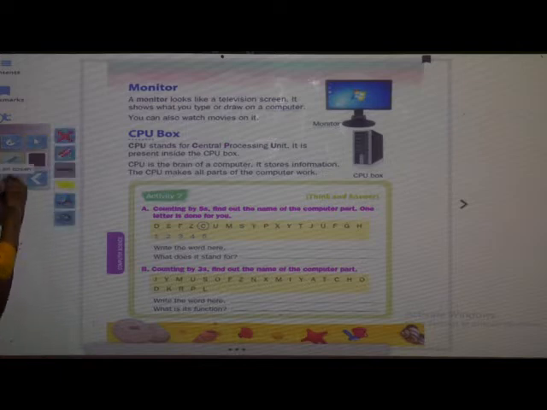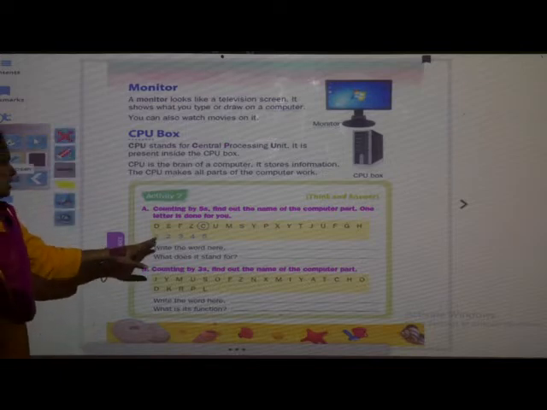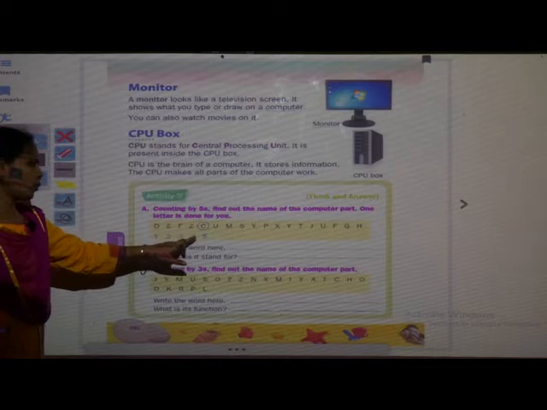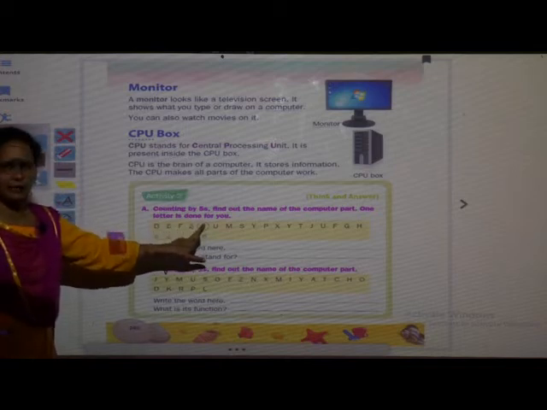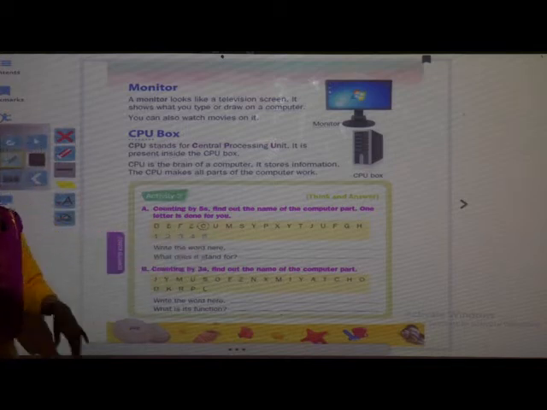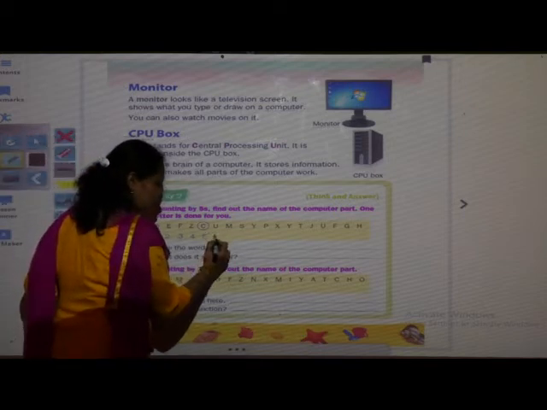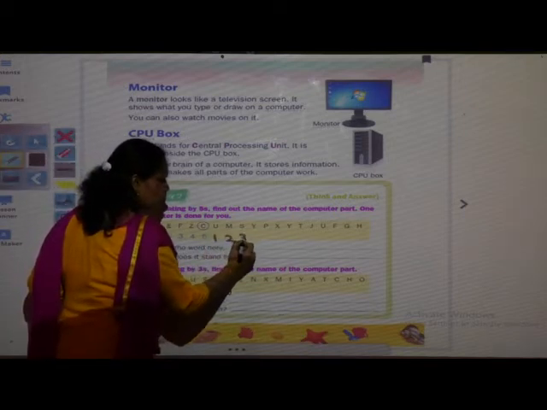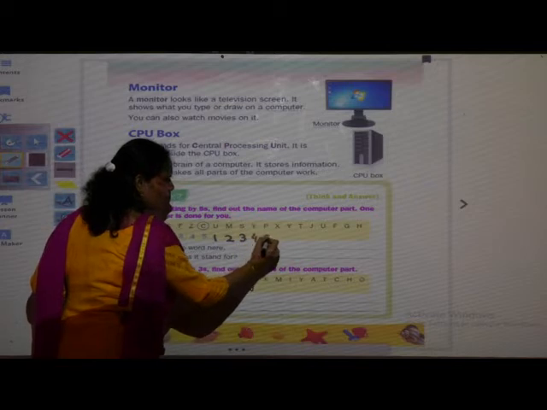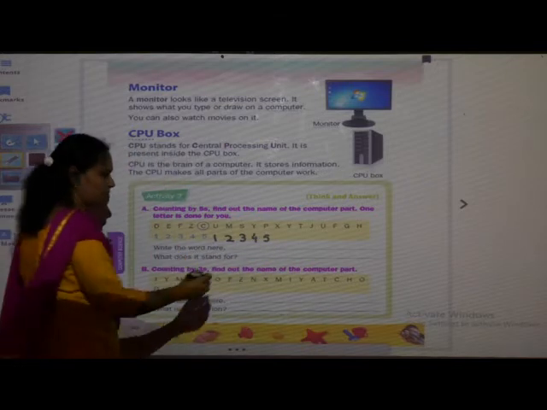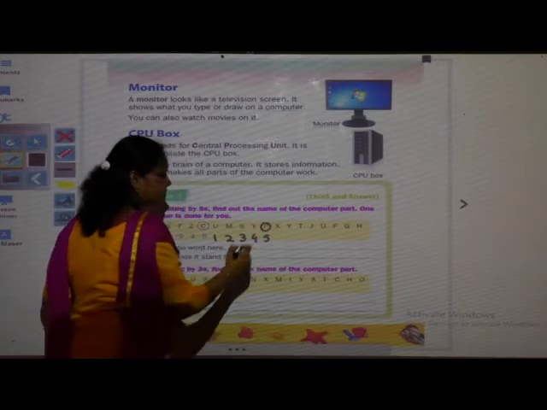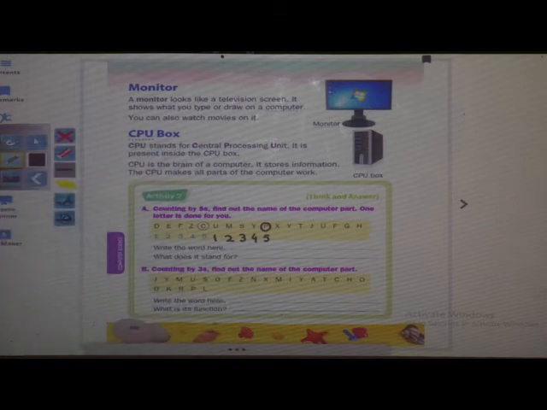One is done for you, they have written here 1, 2, 3, 4, 5. Here they have got C first. Now we have to find the next letter. For that, write 1, 2, 3, 4, 5. So, I have got P. Circle that letter P.